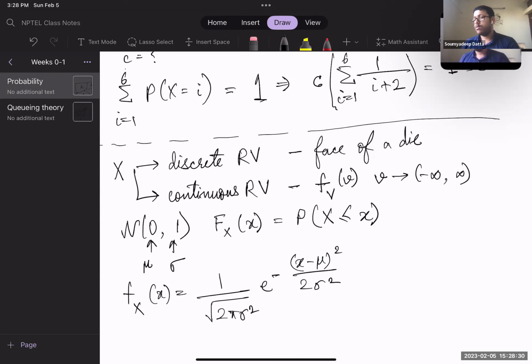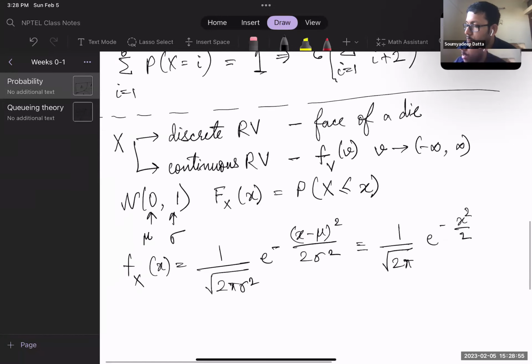So for normal 0, 1, it will become 1 by root 2 pi e to the power minus x square by 2, since mu is 0.